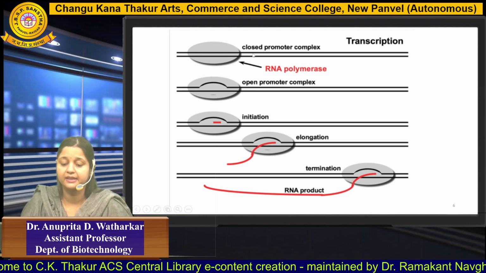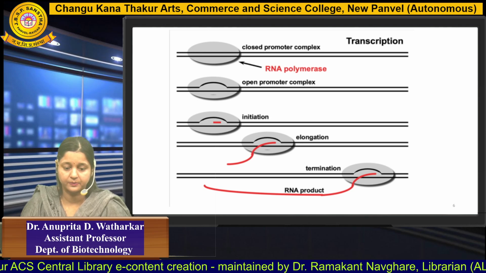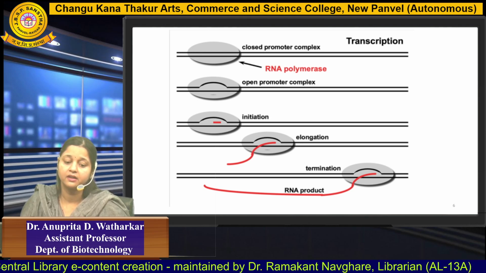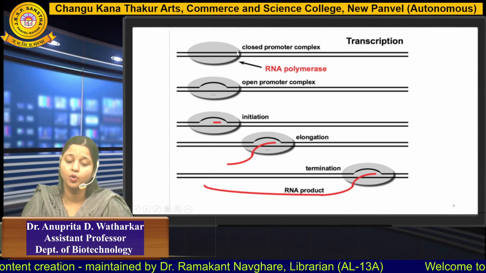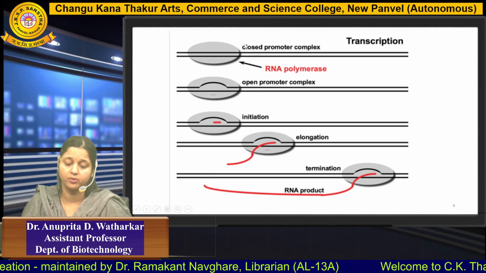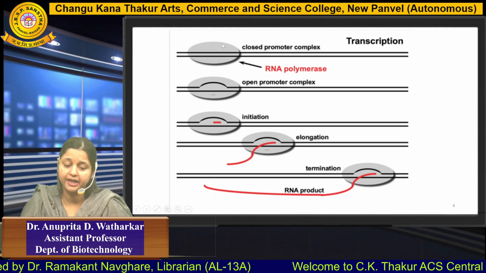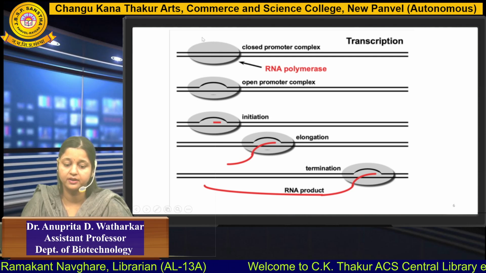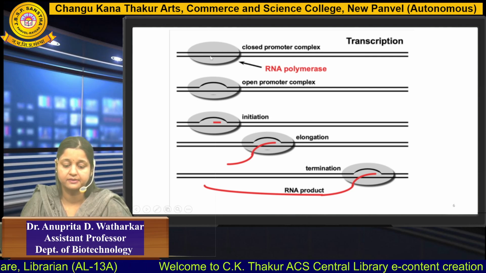Here you can see the diagram of the transcription process, especially the initiation process. You can see the template DNA strand and the formation of the closed promoter complex. When RNA polymerase attaches to the specific promoter site on the DNA strand, it forms the closed promoter complex.